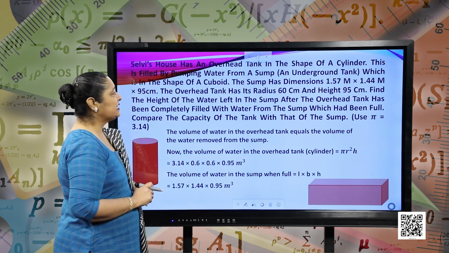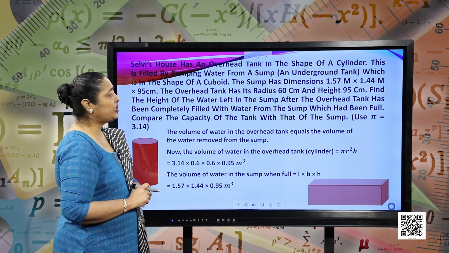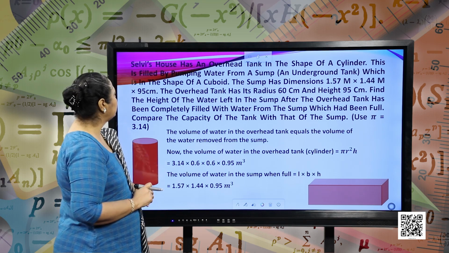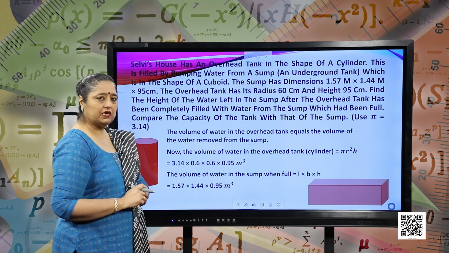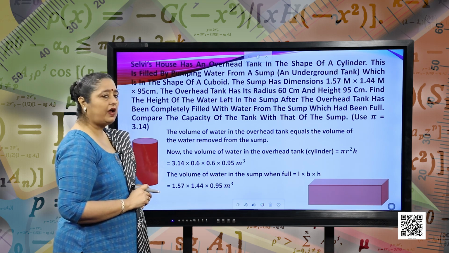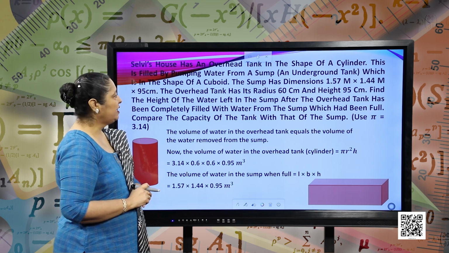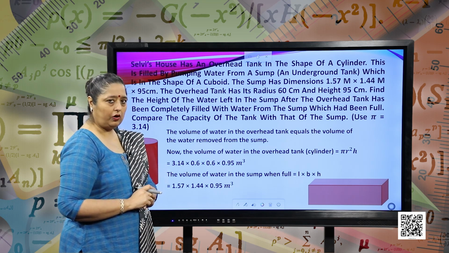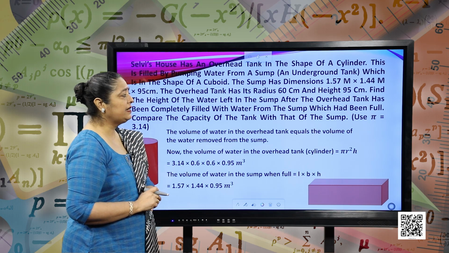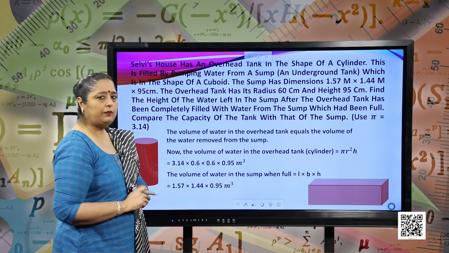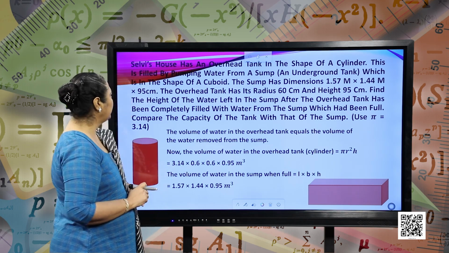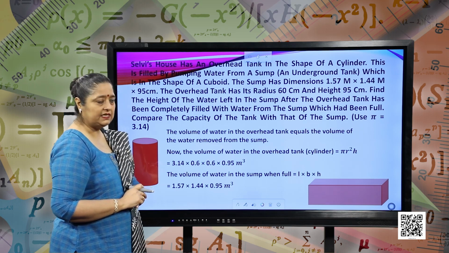Selvi's house has an overhead tank in the shape of a cylinder. This is filled by pumping water from a sump, an underground tank, which is in the shape of a cuboid. A sump has dimensions of 1.57 meter into 1.44 meter into 95 centimeter.